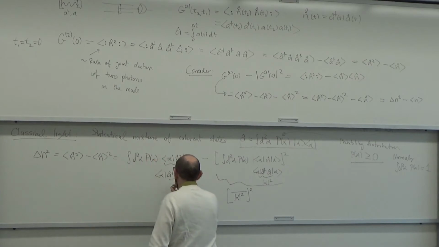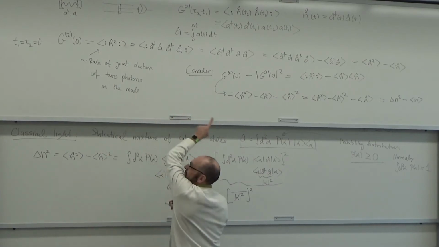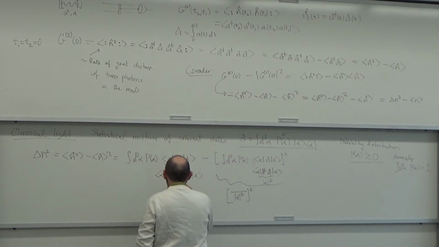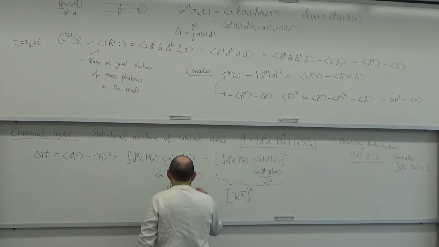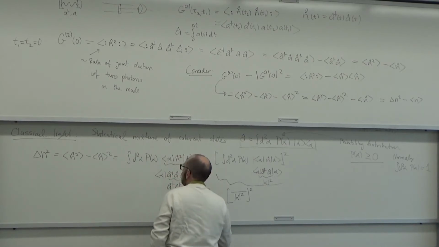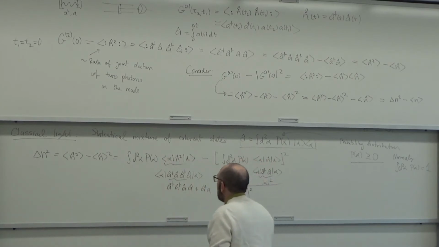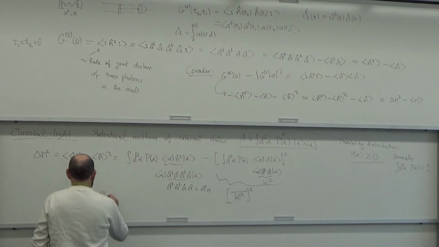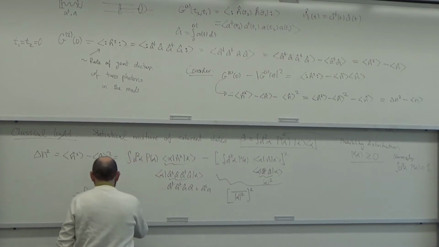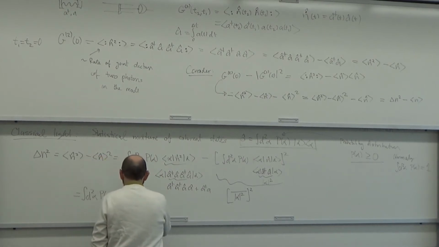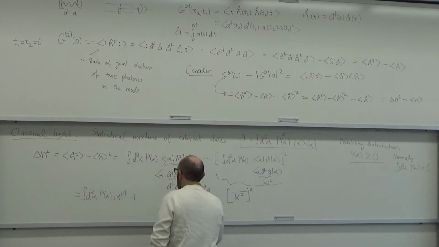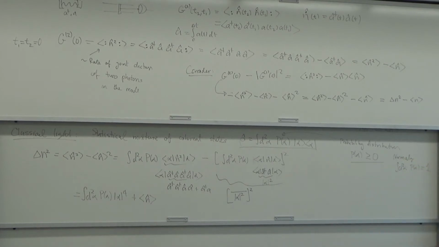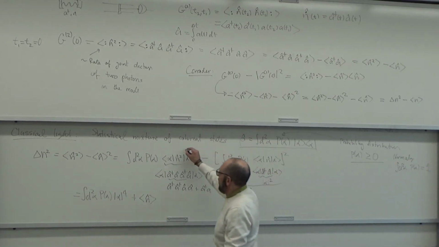So this is equal to, I'm going in a circle because we set it up there, I could have used the relationship, but I now have A dagger A plus A dagger A. So this is equal to alpha to the fourth, plus this, which is the mean of A dagger A. Okay, so that's this whole thing.